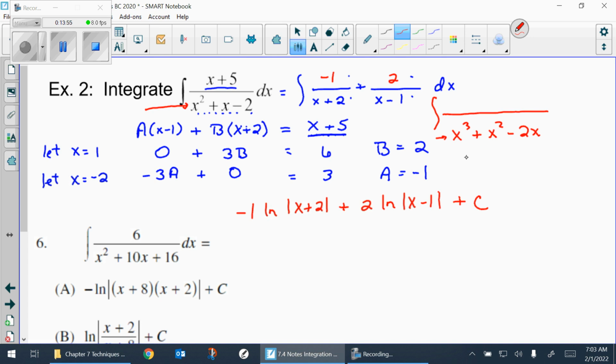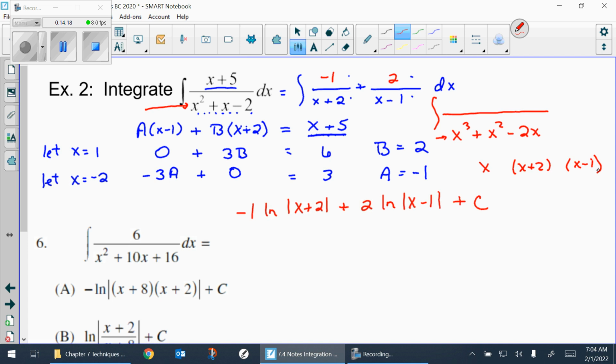I would have a situation where when I factored the bottom, I'd have x, I'd have x minus 2, x plus 2, sorry, and x minus 1.